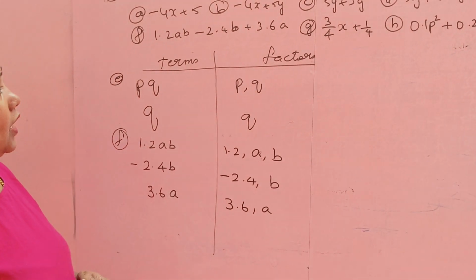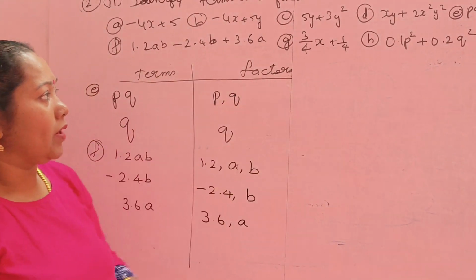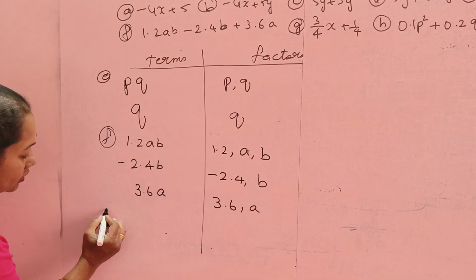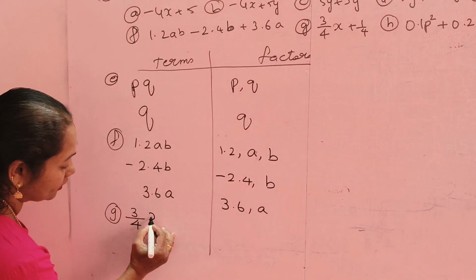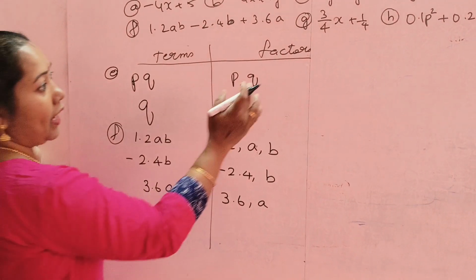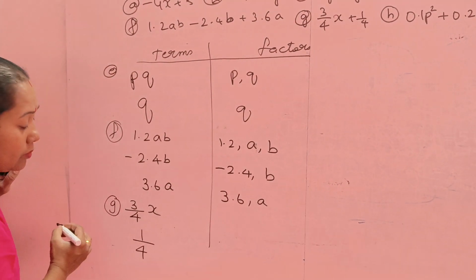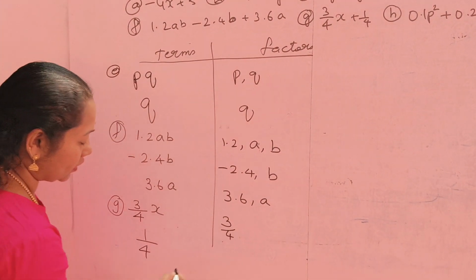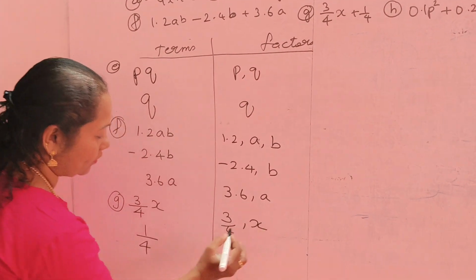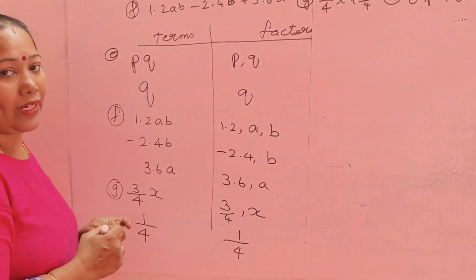Okay. And now this next question, 3 by 4 x plus 1 by 4. So what are the factors? 3 by 4 x is one term and 1 by 4 is the second term. Now the factors are 3 upon 4 is one of the factors and x is the second factor. 1 upon 4 is also one of the factors. Okay.